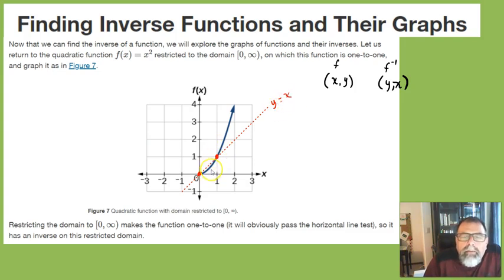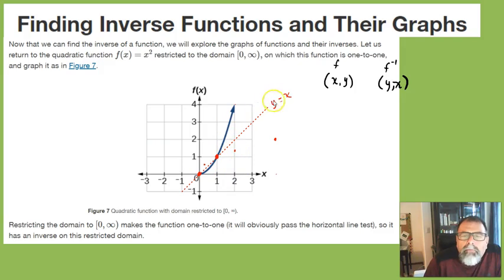Then if this point right here is 1/2, 0.25, the reflection point is going to be over here. And if this is at 2, 4, then it's going to be 4, 2. I just had to extend that a little bit. Here this is about 2, 1.4, so it'll be 1.4, 2.